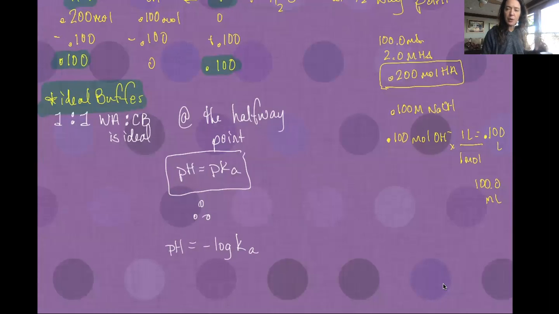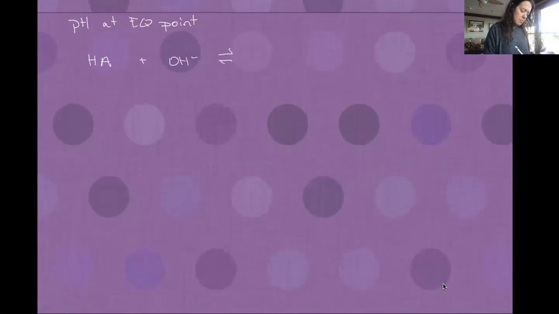Let's do another one. Now let's say at the equivalence point. Once again, HA plus OH yields A plus H2O. We said we have 2.0 molar, 100 milliliters of it.